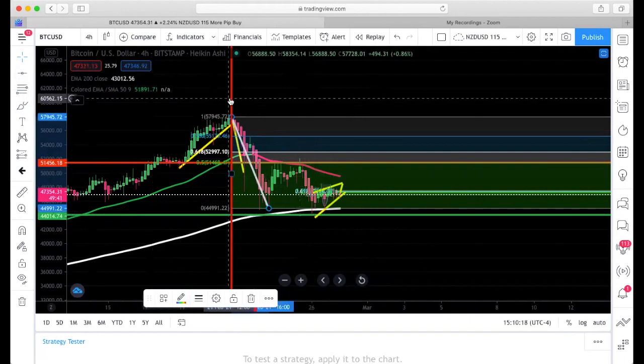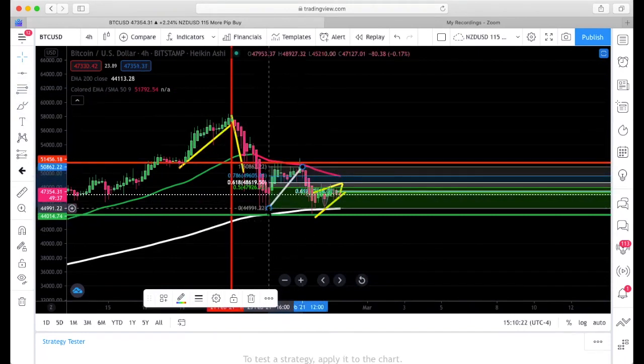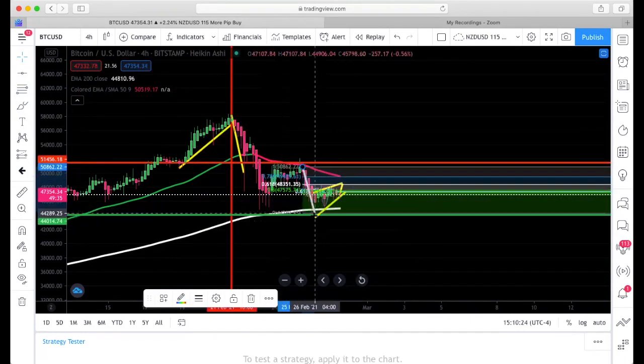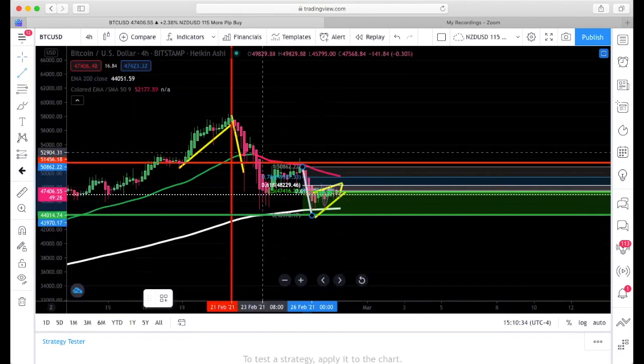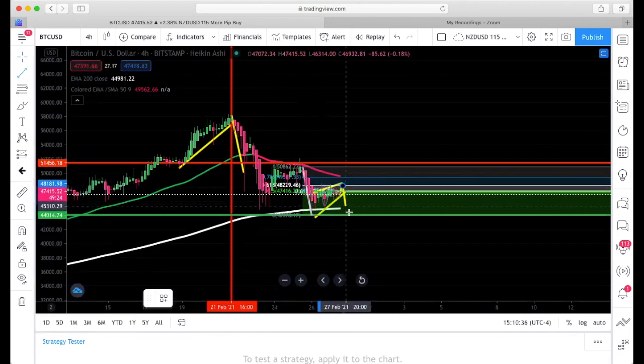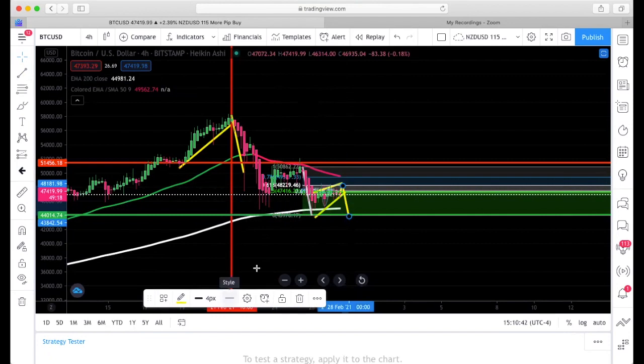What happens again on this continuation? Pulls back to the 618, and we're looking for a continuation down. Where's our zero line? Down to about 44,000.